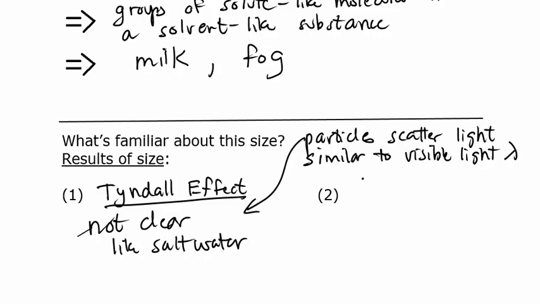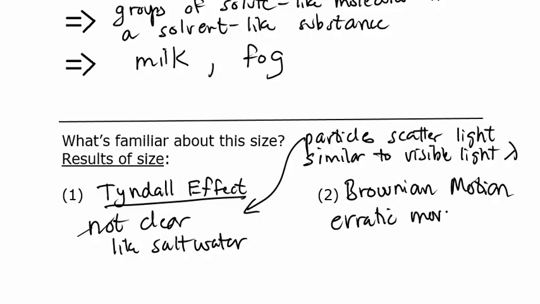Another effect of this size particle is referred to as Brownian motion. If you are able to look with a magnifying device at the colloid particles, you'll see them moving around, what appears to be erratically. That's because they are of the size where you can see the particles, like in milk.